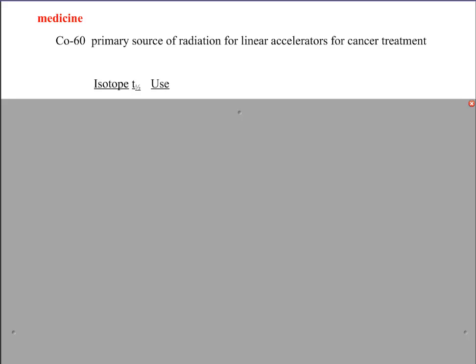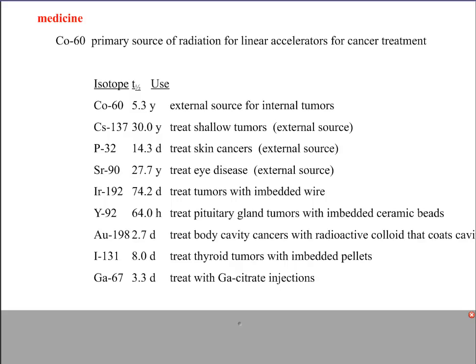Usually implants are in for a week or so and removed, and the patient's given a week or two to recover, and then as needed there may be a new implant. So here's a list of various radioactive isotopes, their half-lives, and what they tend to be used for.